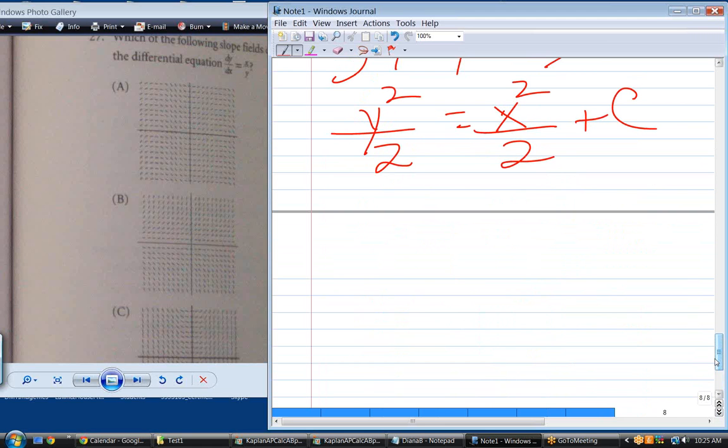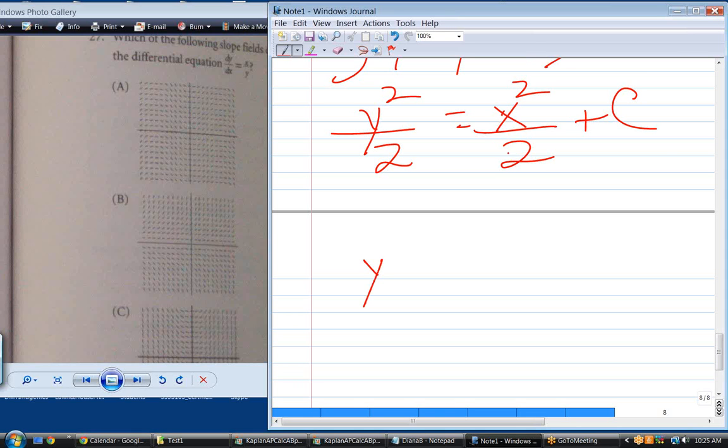Any clue? You have to almost be used to looking at it in a certain way. Is that a circle? Is that an ellipse? Is that a hyperbola? Is that anything that we can recognize? Is it a parabola? A circle? Well, perhaps?